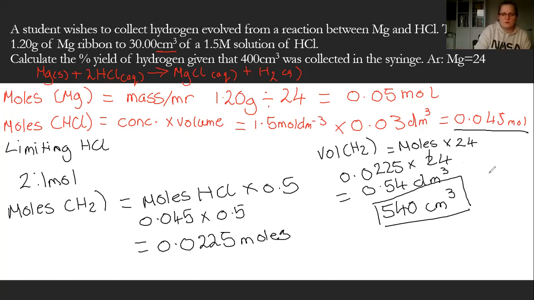From here, we want to put our actual yield. I'm going to change pen colour so you can see what I'm doing now. So we want our actual yield, which is 400 cubic centimeters, which we can see here. That is our actual yield. Divide that by our theoretical yield, which is 540, times that answer by 100, and that will give us 74.074%.